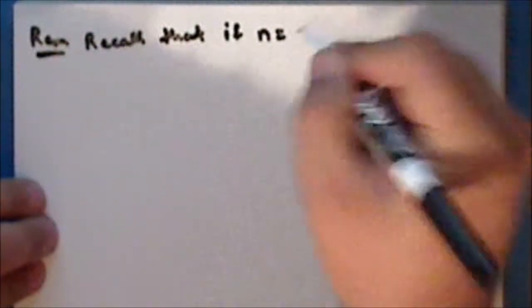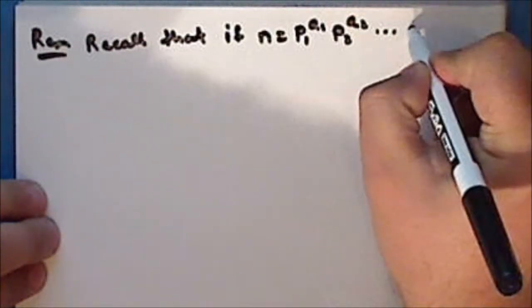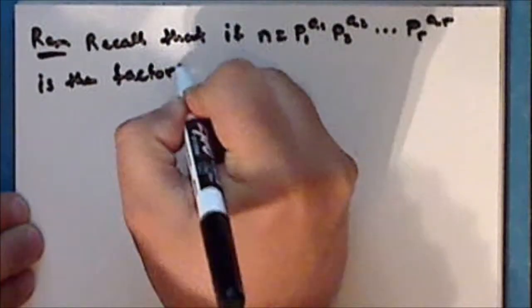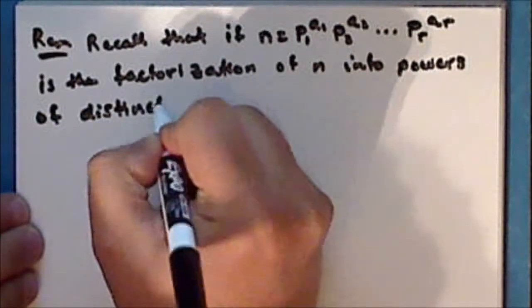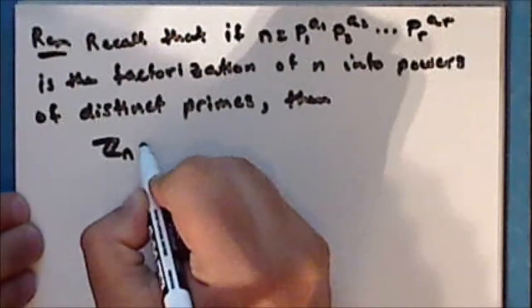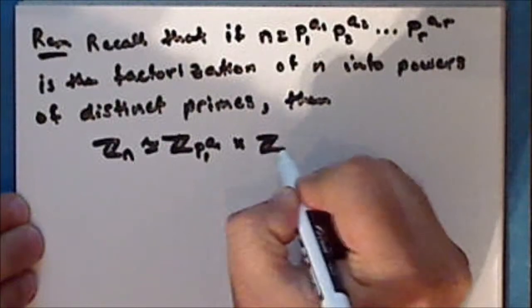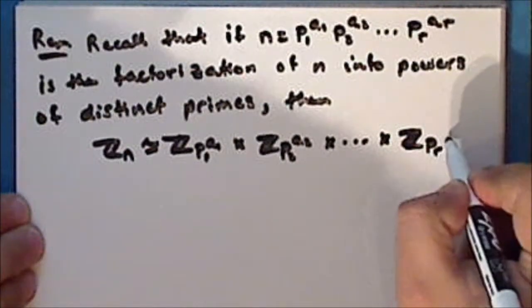So recall that if n equals p sub 1 to the power of a sub 1 times p sub 2 to the power of a sub 2 and so on through p sub r to the power of a sub r is the factorization of n into powers of distinct primes, then the integers modulo n is isomorphic to the product of the integers modulo p sub 1 to the power of a sub 1 times the integers modulo p sub 2 to the power of a sub 2 and so on through the integers modulo p sub r to the power of a sub r.